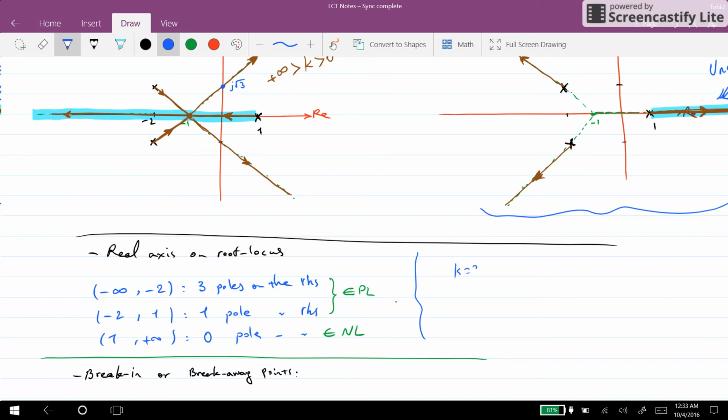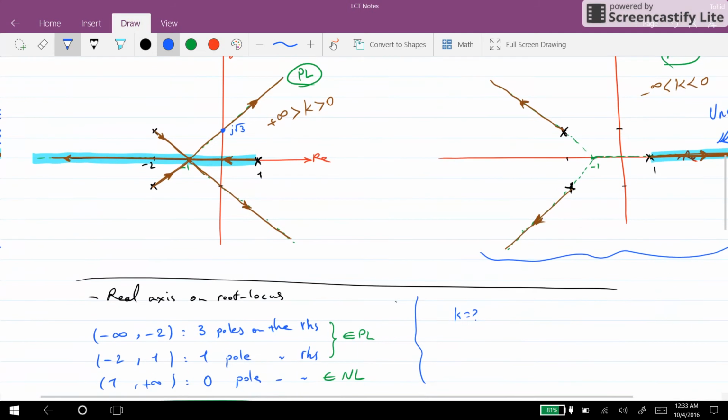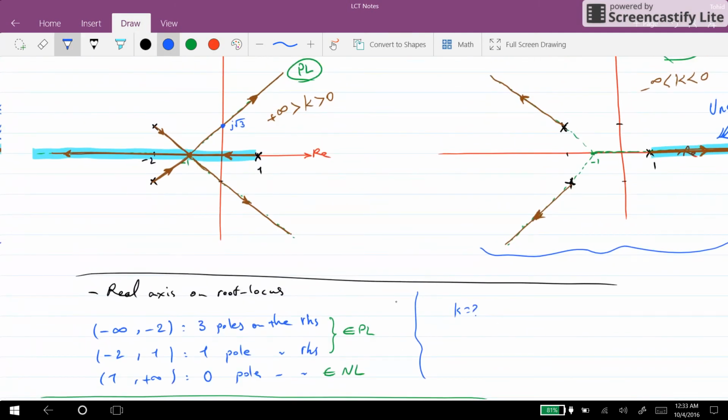So at that point, we need to determine k, which is equal to rho for this example. We need to refer to the amplitude condition. Amplitude of n over d evaluated at some s star is equal to amplitude of 1 over rho, or it's equal to amplitude of 1 over k for this example.